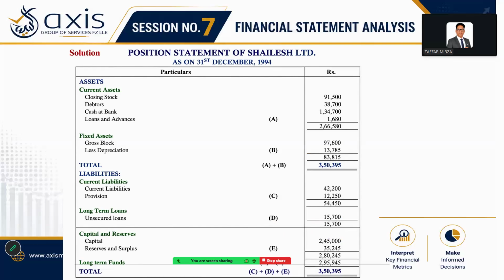Current assets 2.6 million. Fixed assets 83,000. Total assets 3.5 million. Right? You got the answer, Faiz, Vikesh, Imamuddin? Yes, sir.